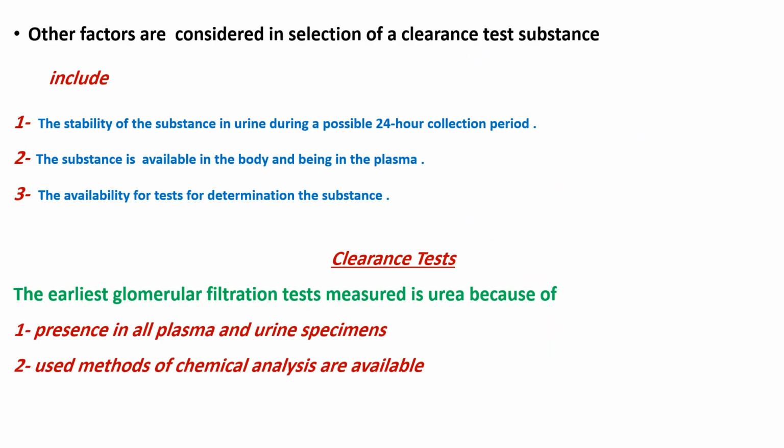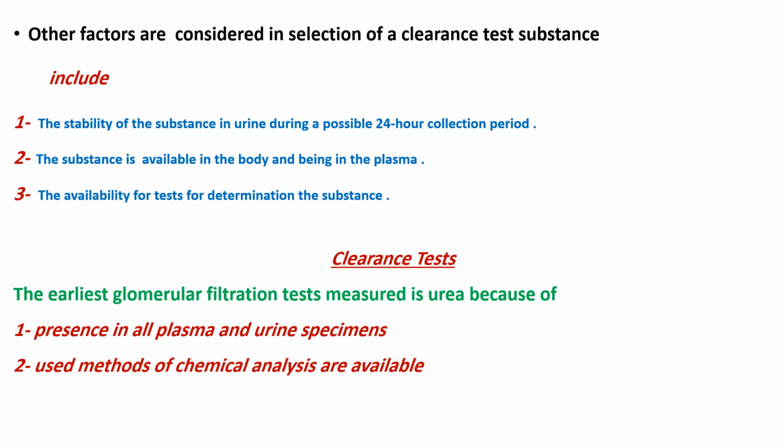Other factors considered in selecting a substance for a clearance test include the stability of the substance in urine during a possible 24-hour collection time, the availability of the substance in the body and the plasma, and the availability of tests which determine the substance.